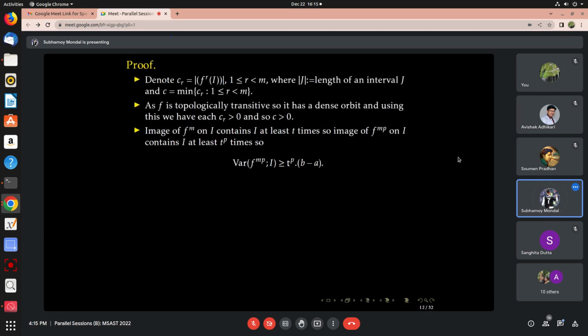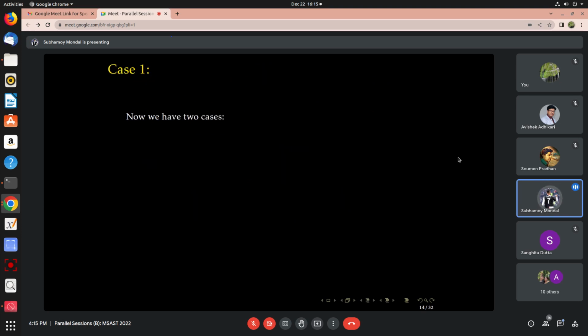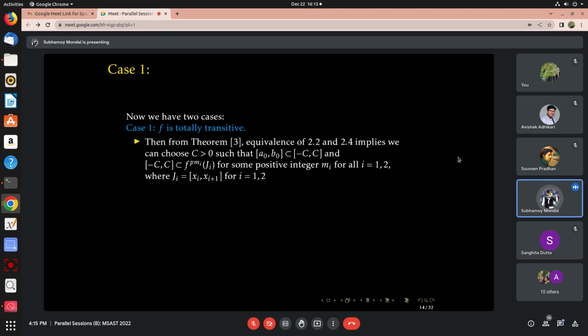Now the idea of this theorem is that we use the result of J. S. Cánovas, that a topologically transitive map is either totally transitive or bitransitive. If it is totally transitive, then at some multiple of the periodic point, some p m, it contains a horseshoe in the image of the graph.